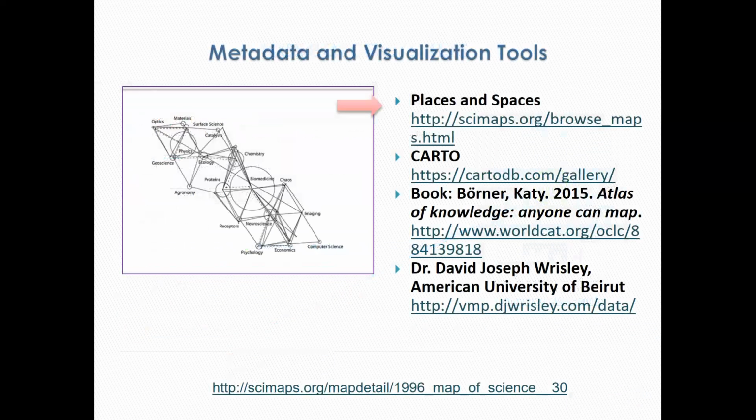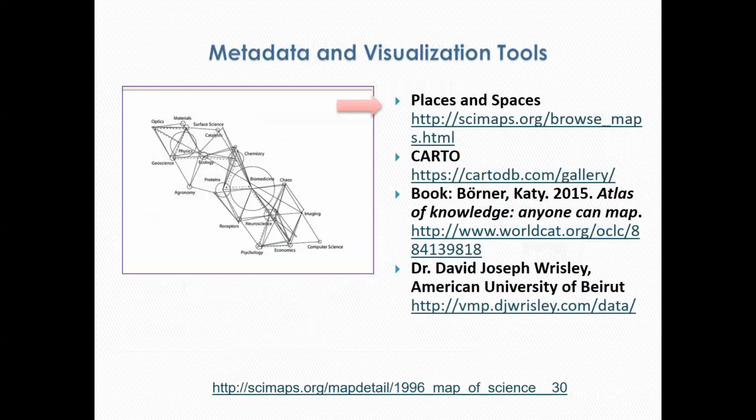Another thing, like I mentioned earlier, your metadata can also become a visualization. And there are many; you can use it for data visualization. There are some examples here I added. One is the Places and Spaces, a project at the Smithsonian for scientific data visualization.